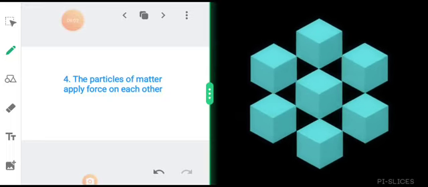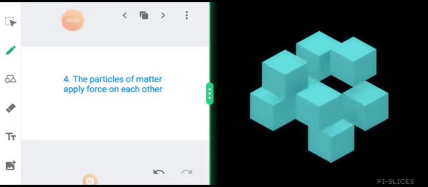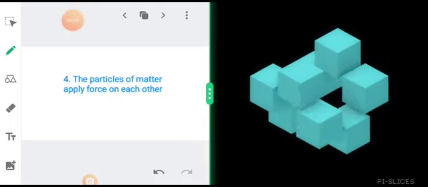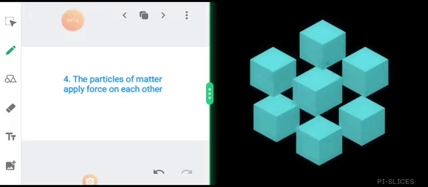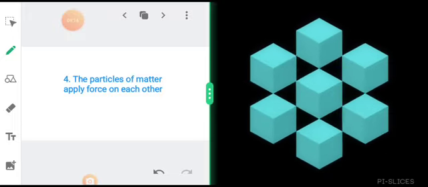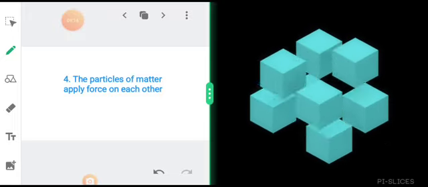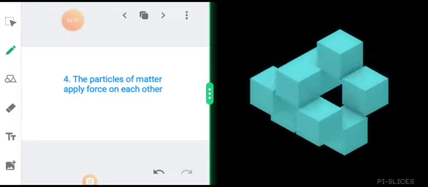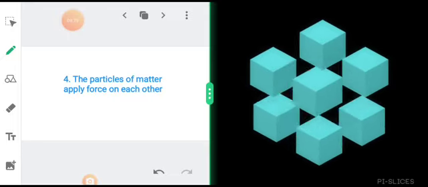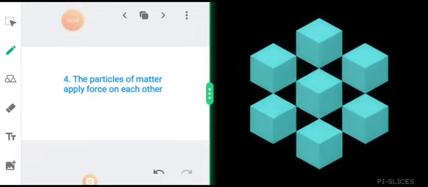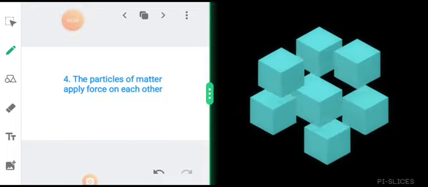To hold the particles together, a force of attraction is so important. So an important characteristic regarding matter is that the particles of matter apply force on each other. All these properties can be proved through very simple activities that we will be discussing next.